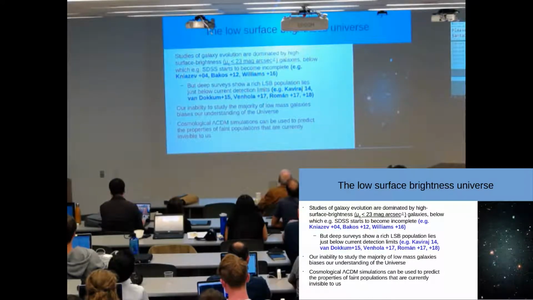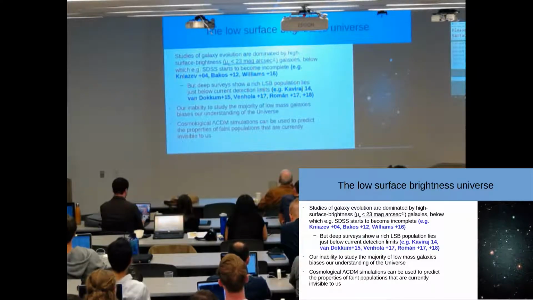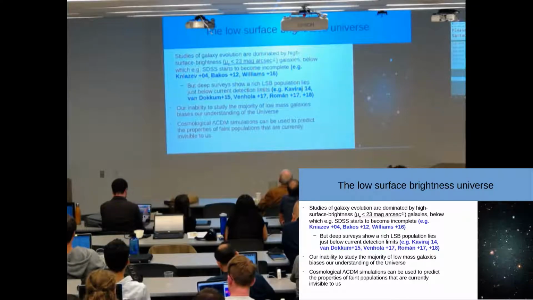In terms of our understanding of how galaxies evolve, we're really limited by current large surveys. SDSS becomes incomplete at about 23 mags per square arcsecond in R. But smaller, deeper surveys show us that there's a rich LSB population just below this limit.